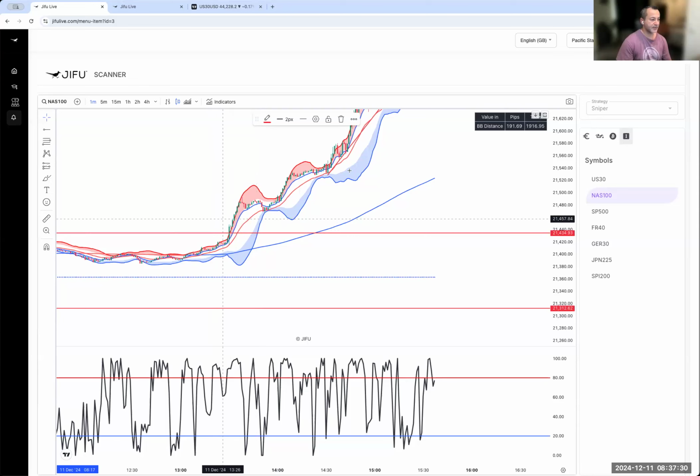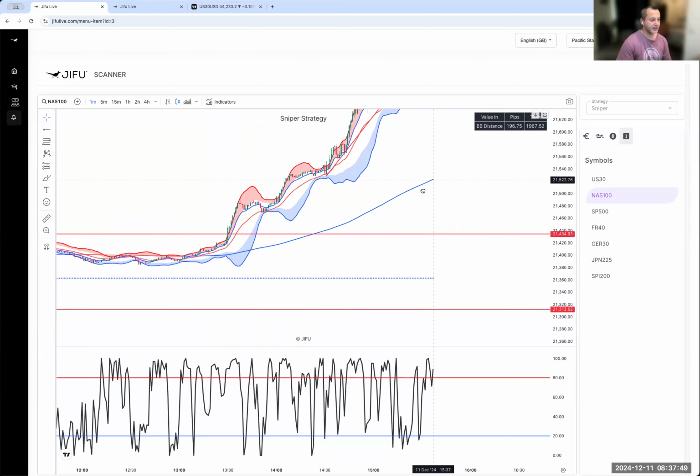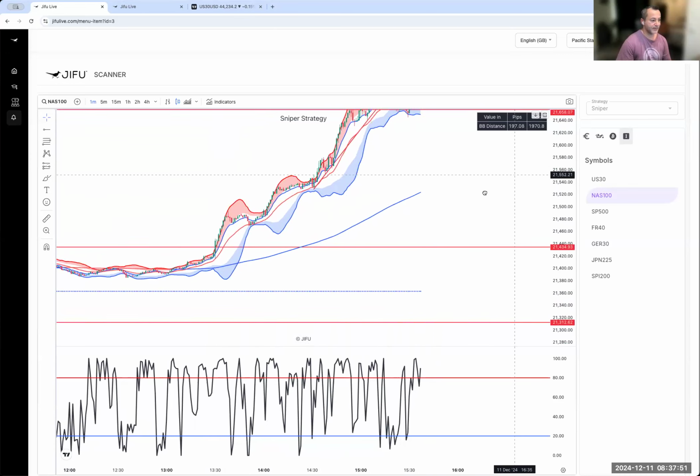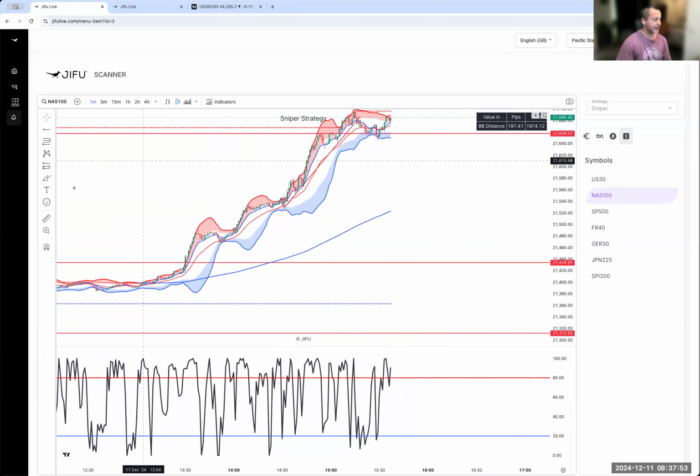In this particular case, this thing just ran, and at some point in time, it is going to come take out this low. It may not be today or tomorrow, but oftentimes, during the same day, it will take out the top of the previous session and then the bottom of the previous session. In this case, we are so far away from the low that I'm not sure it will happen today.